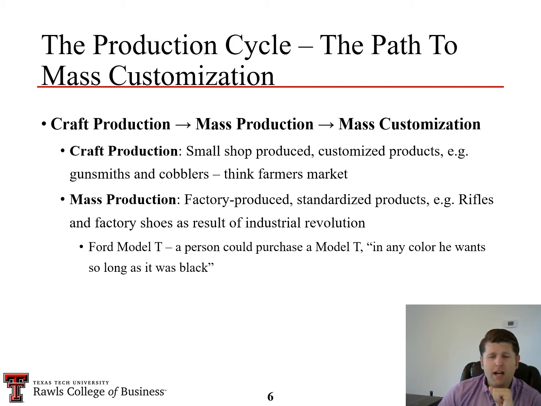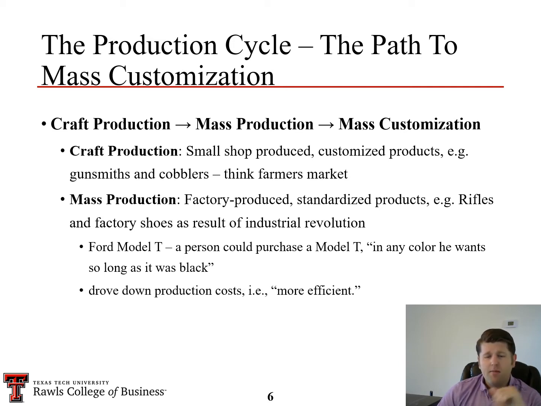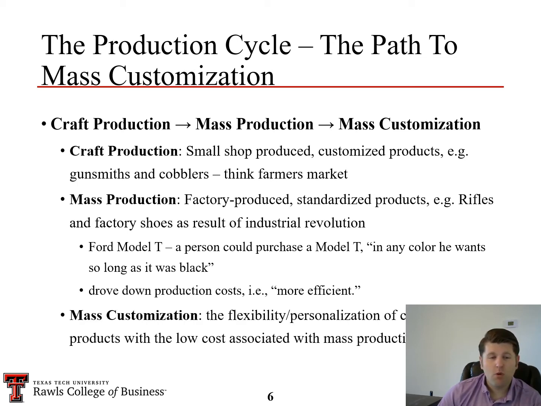All they offered was black, and that was it. But with mass production, you drive down production costs, and that's really key, that it's much more efficient. But with mass customization, you could keep the low cost associated with mass production, but offer personalization with that. So now we're in the mass customization age.